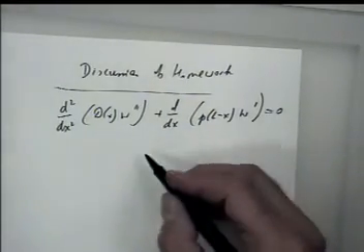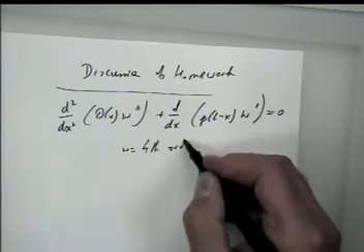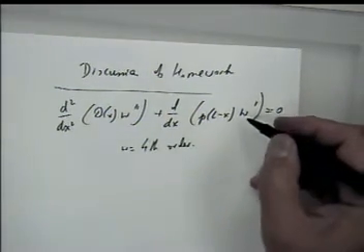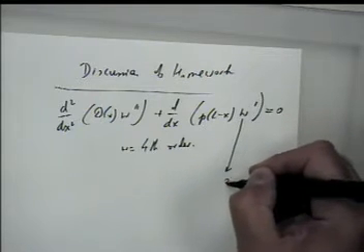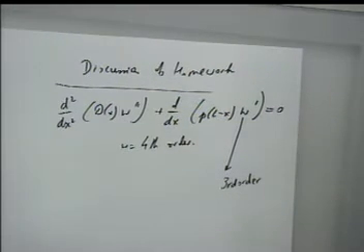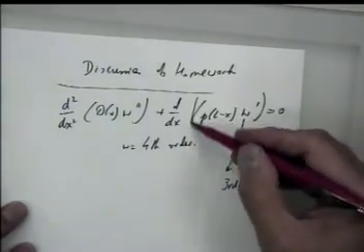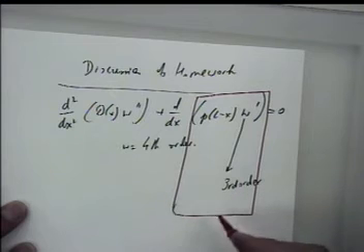Now, w is a fourth order polynomial. If w is a fourth order polynomial, then this guy is third order, because this is the first derivative. Now, this guy is which order?